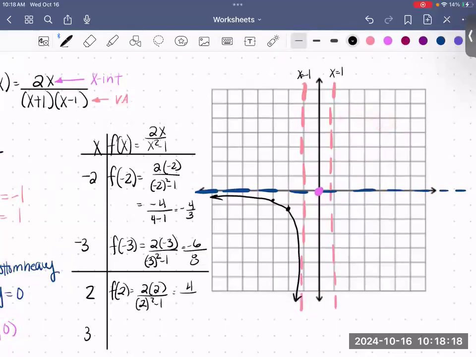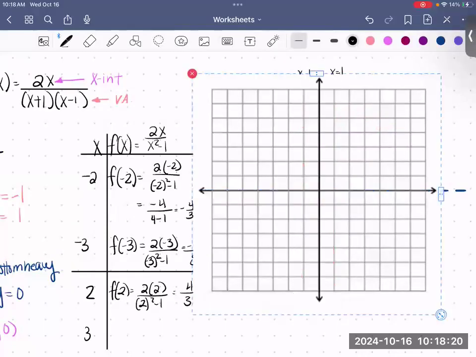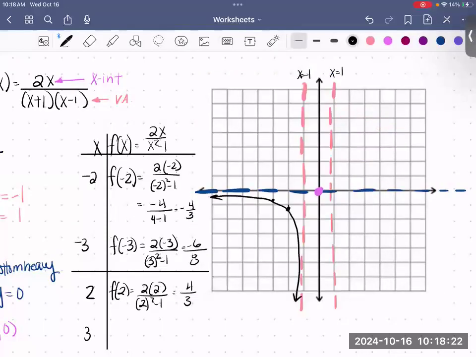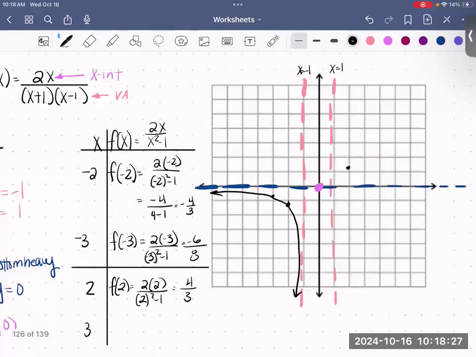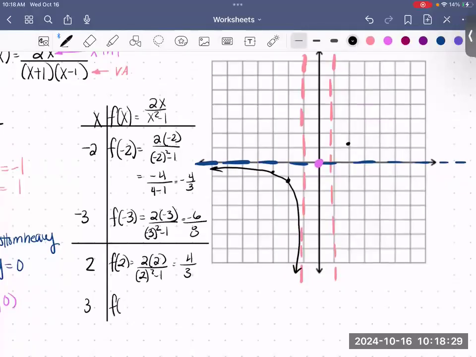So we have 4 over 3. So again, a little bit more than 1. And then we could do the same with 3: squared minus 1, 8. So this will be nice and symmetrical. So we can plot points right here.